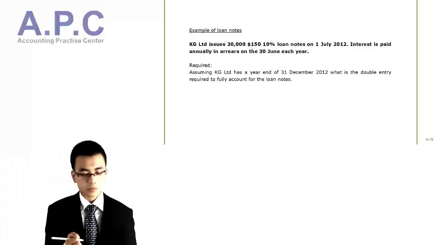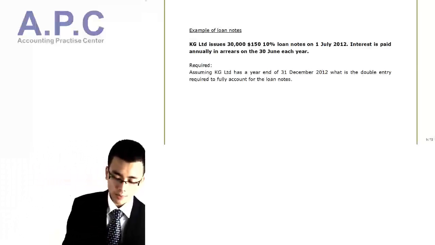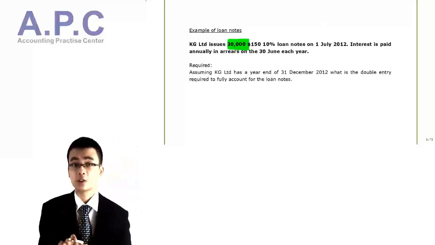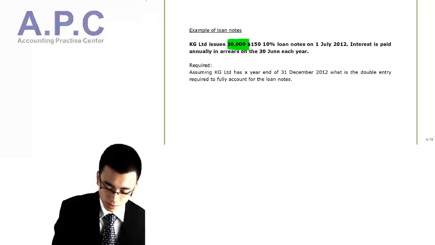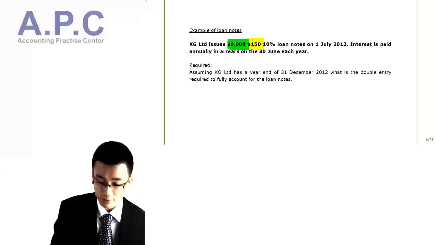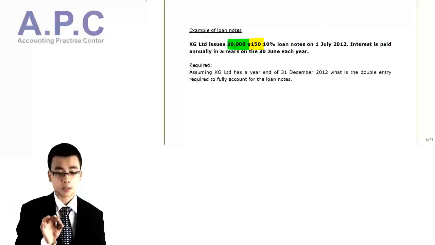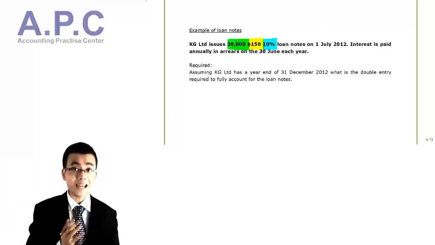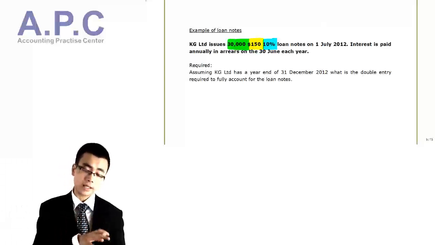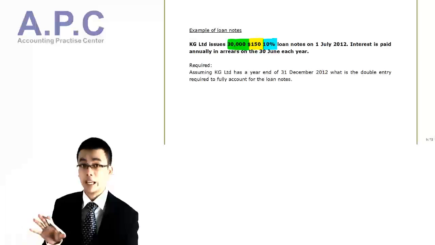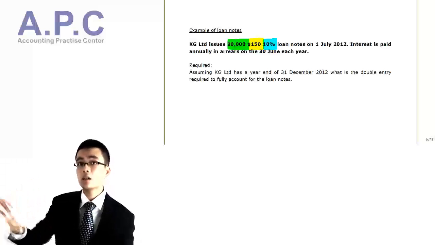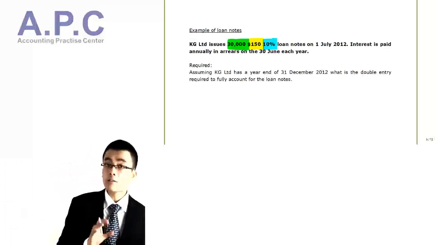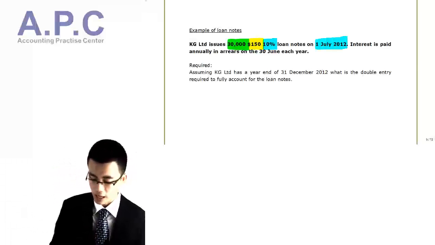KG Limited issues 30,000 loan notes at a par value of $150, with a 10% interest rate, which KG Limited will pay to the lender. The 10% loan note is issued on 1st July 2012.